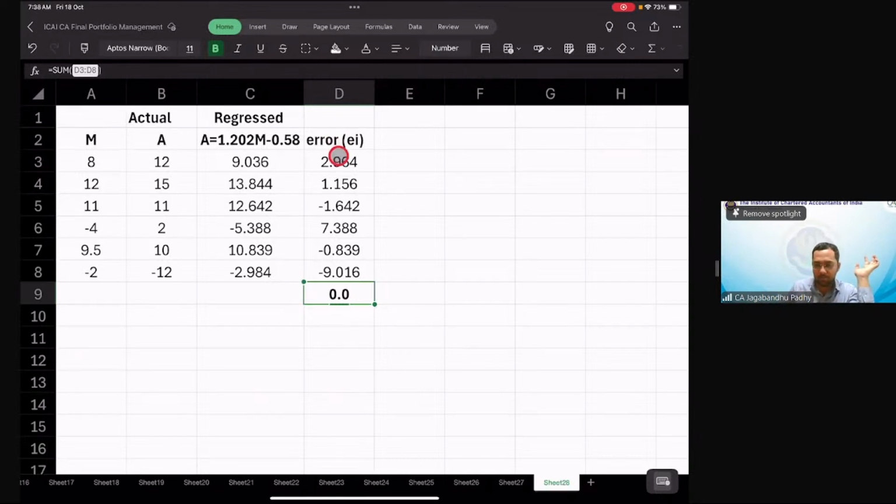So this error term is the difference between the actual and the regression.